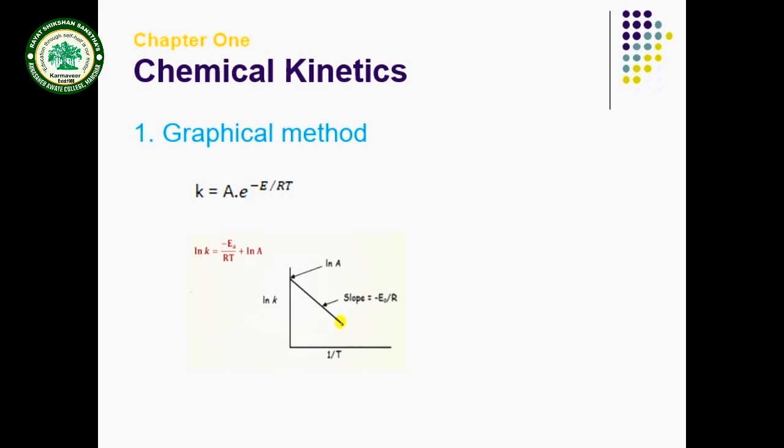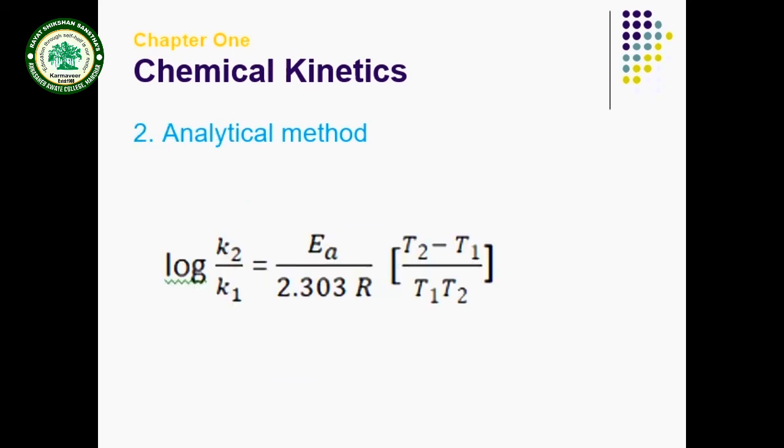And the second method is known as the analytical method. In the analytical method, we use the form of equation log of K2 upon K1 equals Ea upon 2.303 R into bracket T2 minus T1 divided by T1 T2. We carry out the experiment of, suppose, hydrolysis of an ester. We have performed this experiment in our T.Y.B.Sc. practical course.